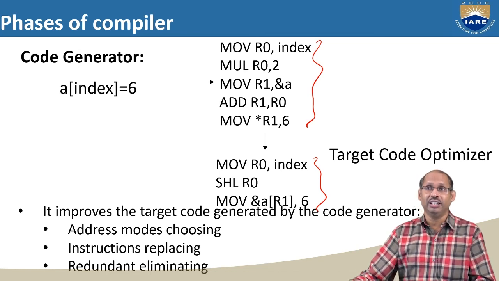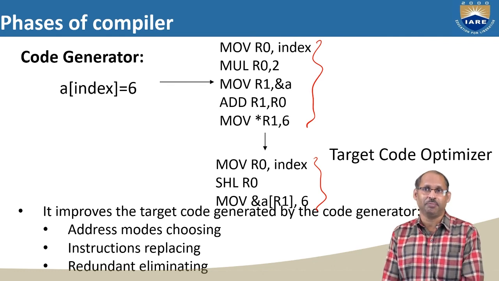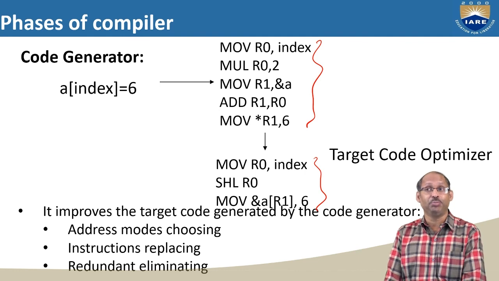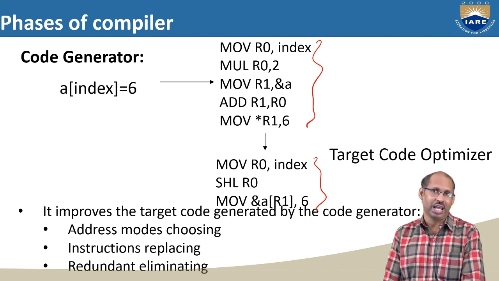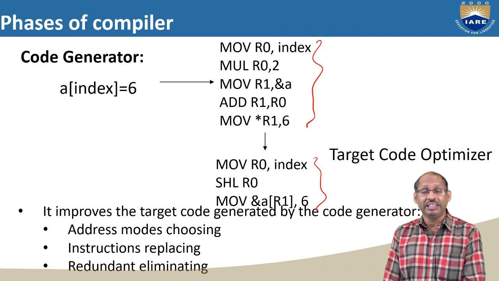So in the code generator also, we'll have different optimizing methods to improve the target code so that execution will be faster and more efficient. So choosing the correct addressing modes or modifying the addressing modes, replacing instructions, or eliminating redundant statements.